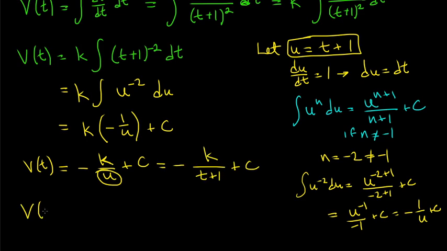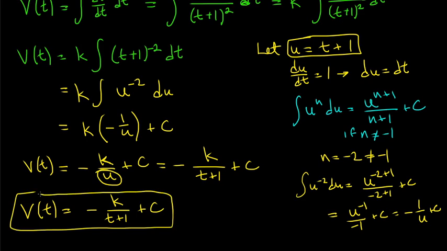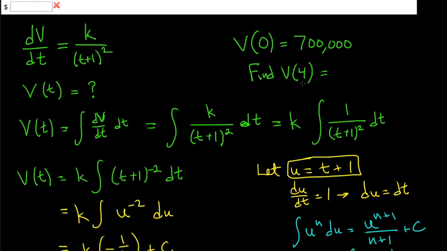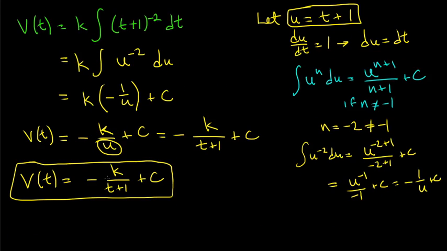Okay, so that is our function. This gives us the value of the machine t years after it was purchased. Very important. Now, of course, that's not the answer because we have to plug in 4 for t.